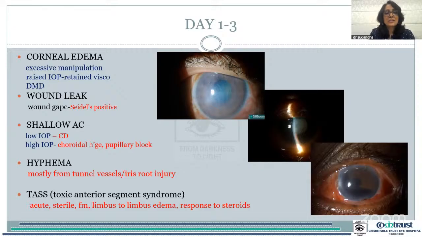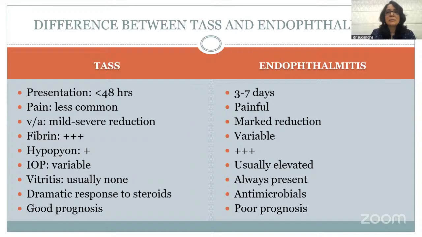And it is very much characterized by intense fibrinous reaction and limbus to limbus edema, but there is a dramatic response to steroids. You must be able to differentiate it from endophthalmitis as PGs, because endophthalmitis, as you know, has a terrible poor prognosis if the patient has significant risk factors and it is not recognized early enough. So this tabular column shows the differences between TASS and endophthalmitis.